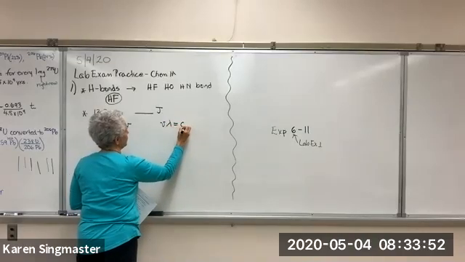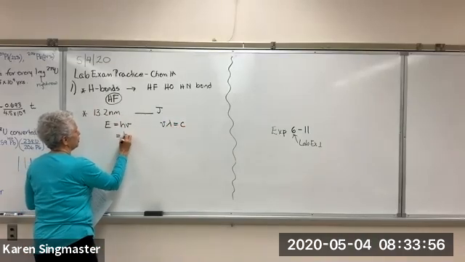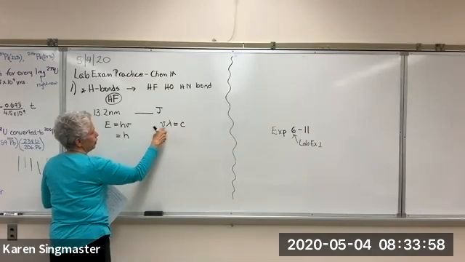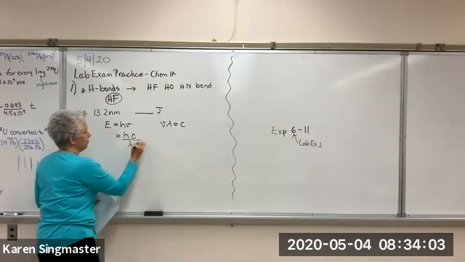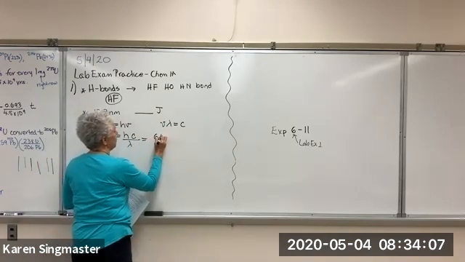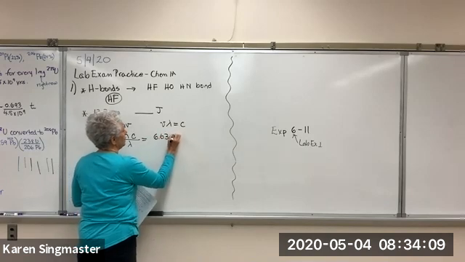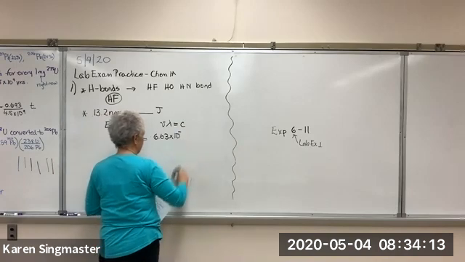Lambda nu equals c. So if you look at this, you have energy equals h nu, you move this over and you have c over lambda. H was given on a side paper, 6.63 times 10 to the minus 34 joule seconds.